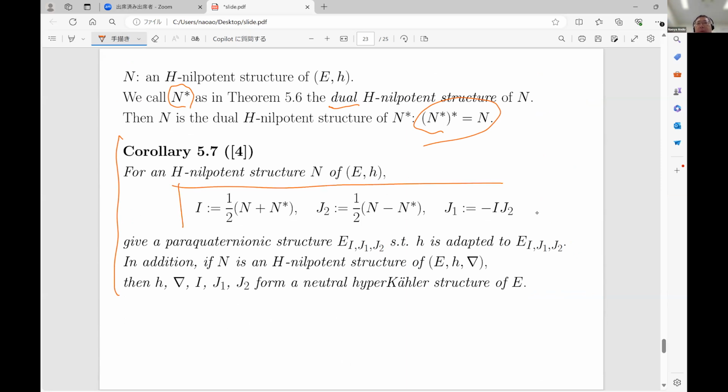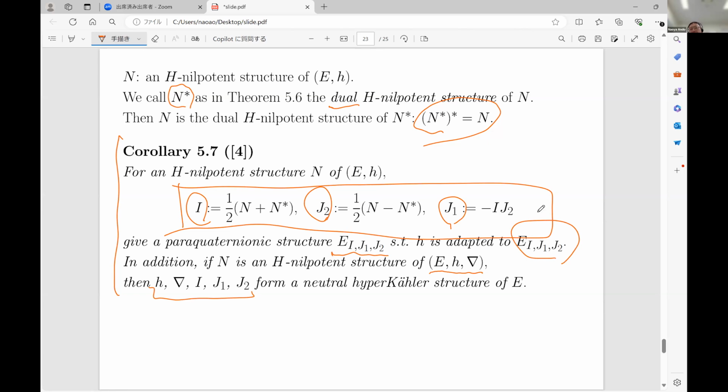If we set this, then I, J1, J2 give a paraquaternionic structure such that H is adapted to this. In addition, if N is an H nilpotent structure of EH nabla, then these form a neutral hyperkähler structure.